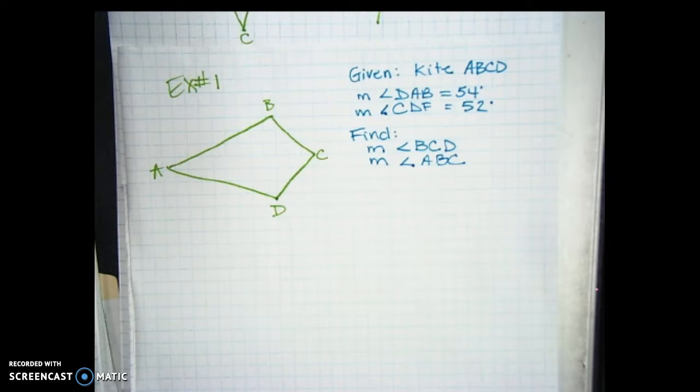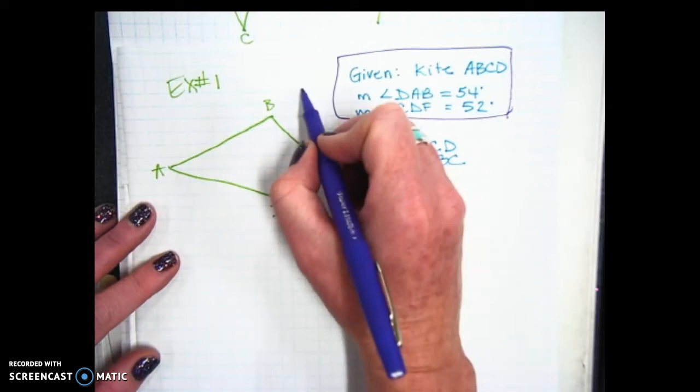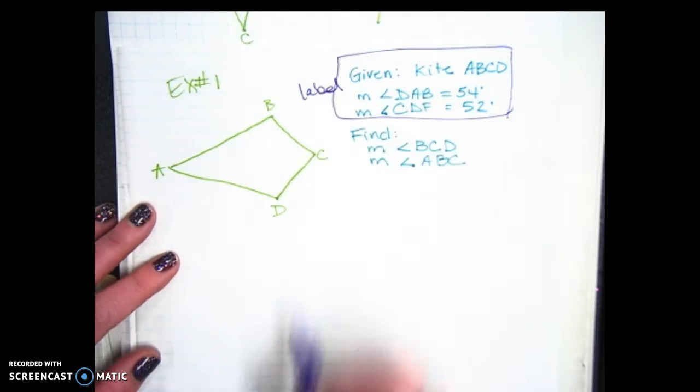All right, so once you have it copied down, then you want to take all the given information and you want to do what with it? How about, yes, label it.